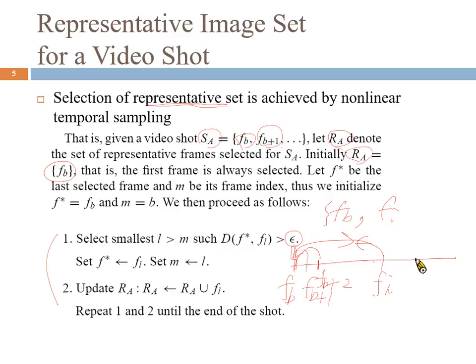And then we keep going. When we take some frame Fj, if the distance between Fj and Fi is larger than epsilon, we also take Fj as a keyframe, and so on. So this is a simple way to select the representative video frames.